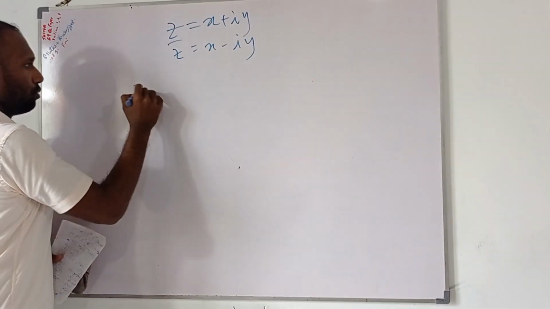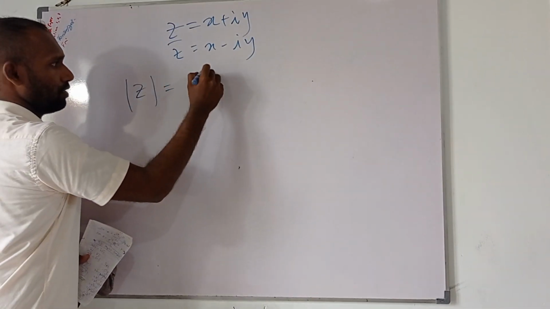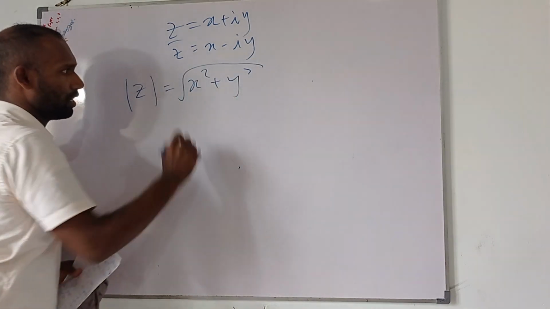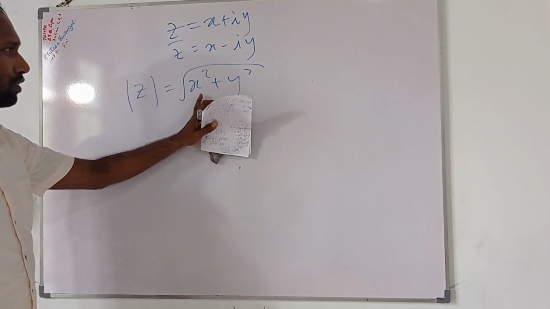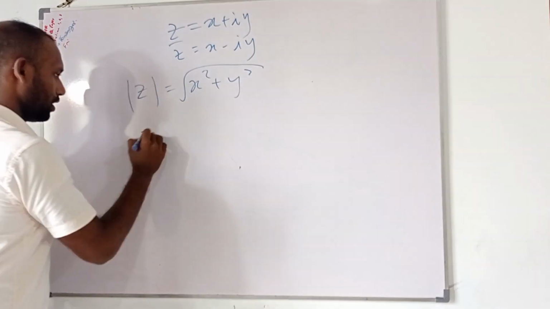So the modulus of Z equals the square root of x squared plus y squared.